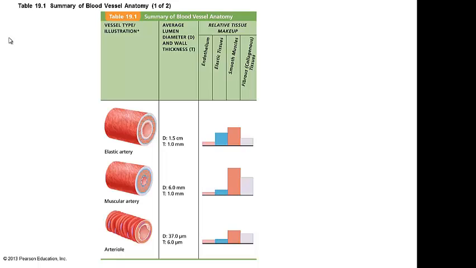Big, huge push, big, huge pressure. So what I'm going to see there in the elastic artery is something that I have to stretch a lot of. So look at the ratio of endothelium, which stays the same in the whole chart. That never changes. But we have more elastic tissue in an elastic artery. We also have a good deal of smooth muscle, and then we have that stuff that wraps around the outside.